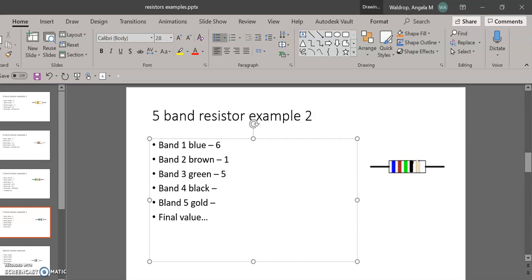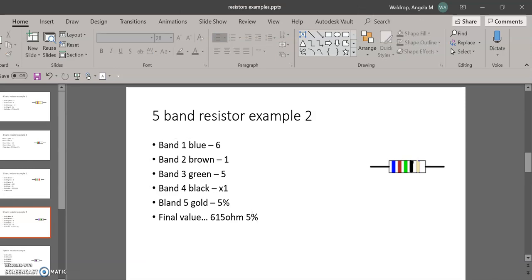The black is a multiplier of times 1, so times itself. And the gold is 5%. So the number here is 615 ohms, I don't need to do anything because of the multiplier, and then it's plus or minus 5%. So that's pretty much it for the resistor color codes.